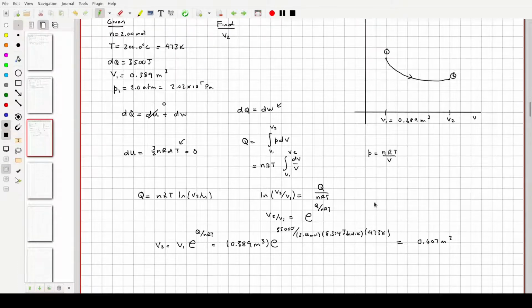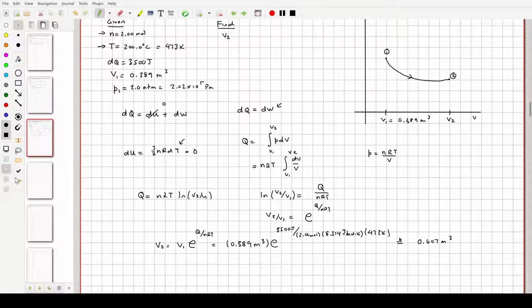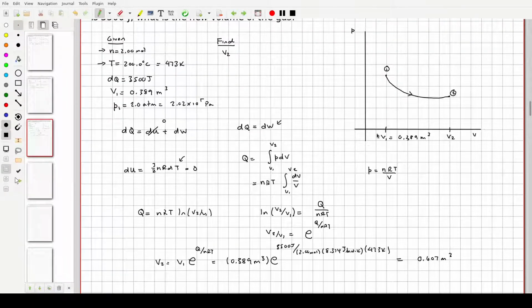Now, knowing the number of moles, the temperature, and the volume, you could determine what the new pressure is. And just for the sake of argument, why don't we do that? We would use PV equals nRT to do that. The pressure is nRT divided by V. R, again, is 8.314.